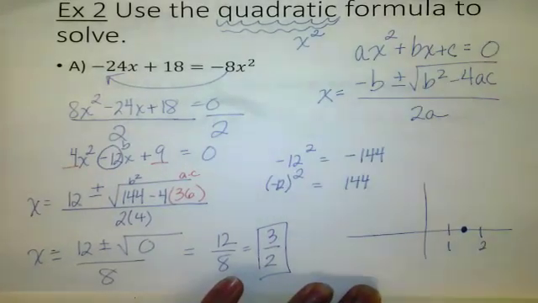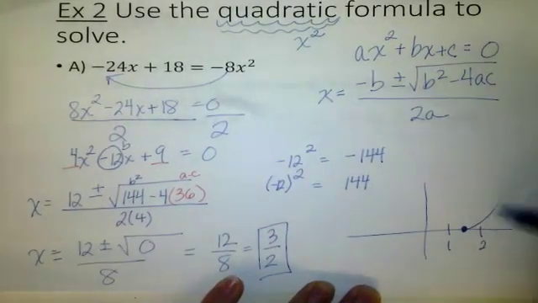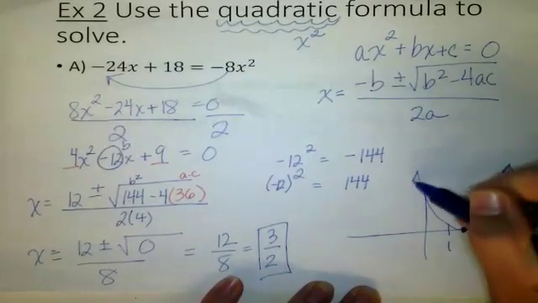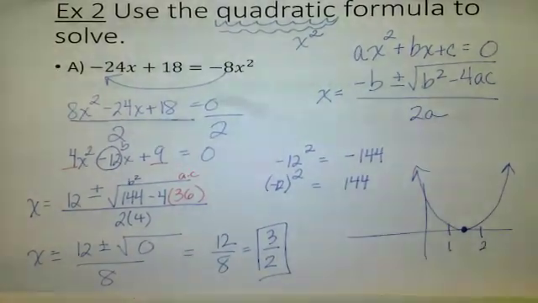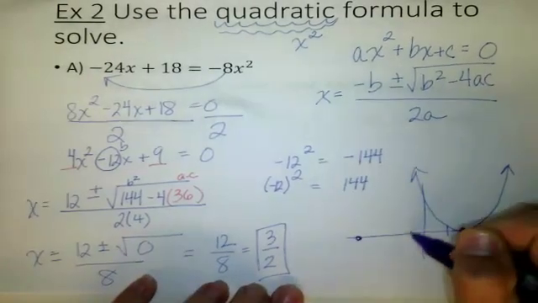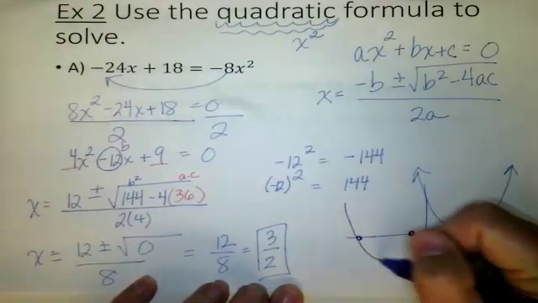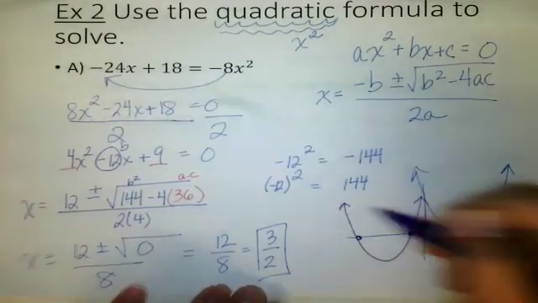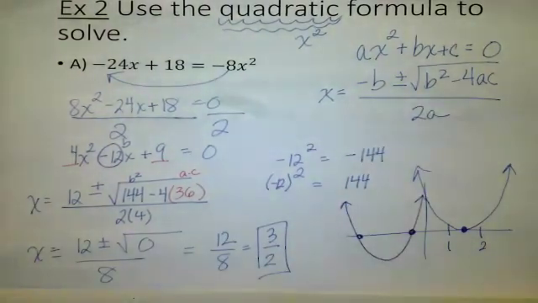It has one x-intercept, which means it must be sitting on that axis. Versus if it had 2 solutions for x, we would have 2 values for x, and it would cross the x-axis. What does it look like if it has 0 solutions for x? It's floating above or floating below, right?